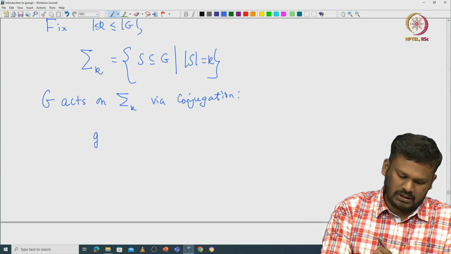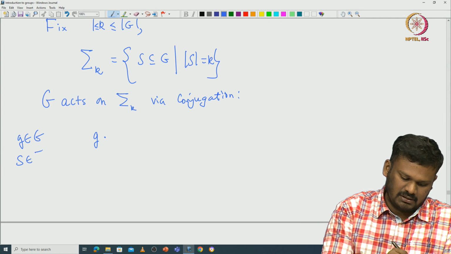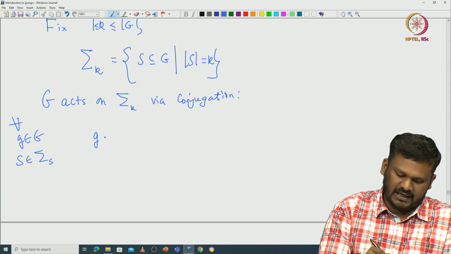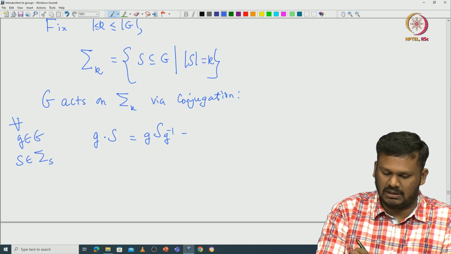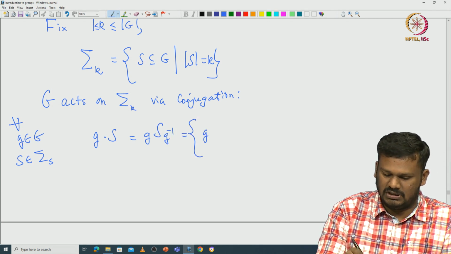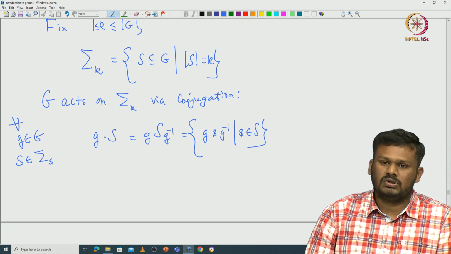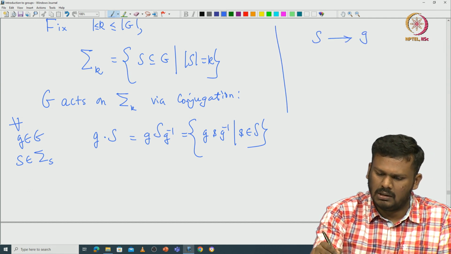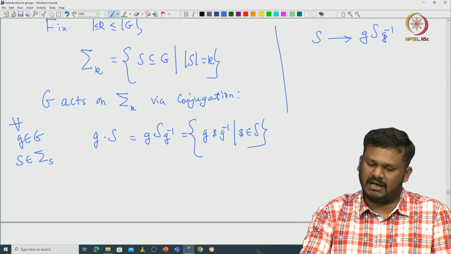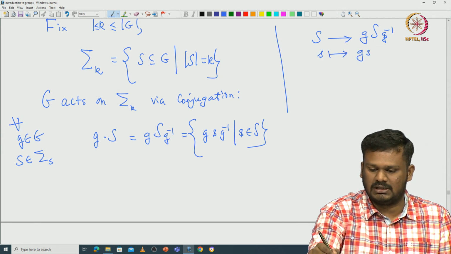As before, start with some element g in G and some element S in sigma K. Then define g dot S to be just g S g inverse, the conjugate of S. I will leave it to you to check that there is this natural surjective map from S to g S g inverse given by s goes to g s g inverse.